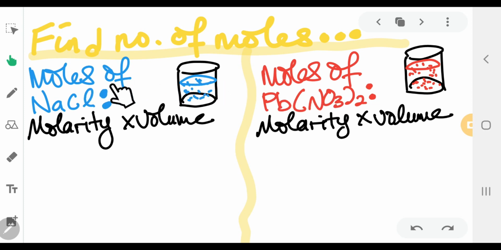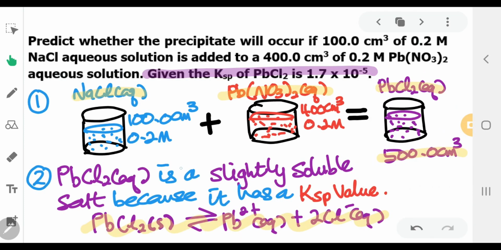In the beginning, you have the molarity of NaCl equals to 0.2 molar, and the volume is 100 centimeter cubic. So we're going to find the number of mole of NaCl involved, so that later you can use that number of mole to find out the number of mole of Cl minus, and you're going to divide that with the final volume that we have right here.